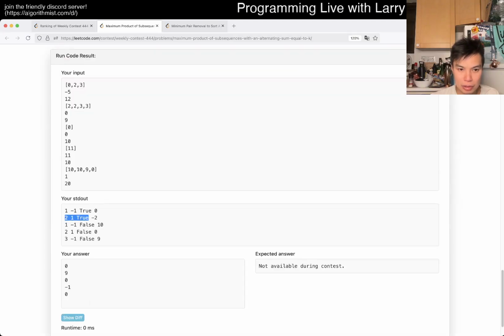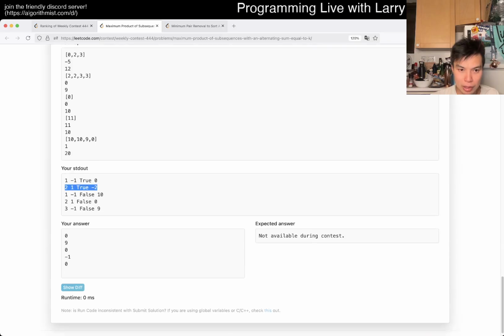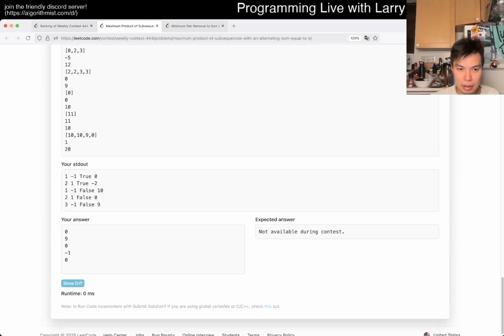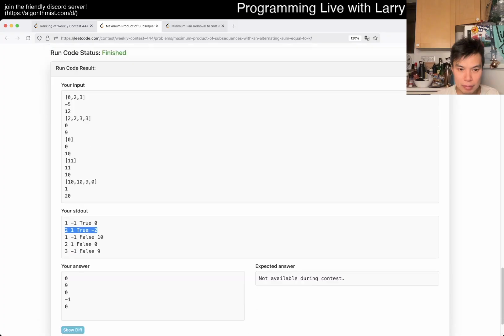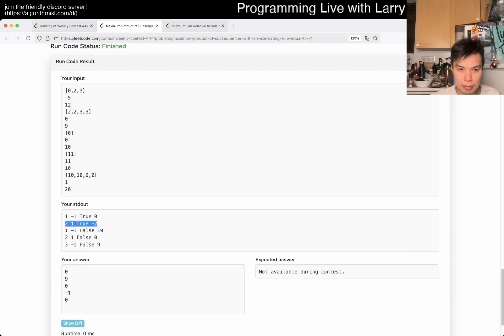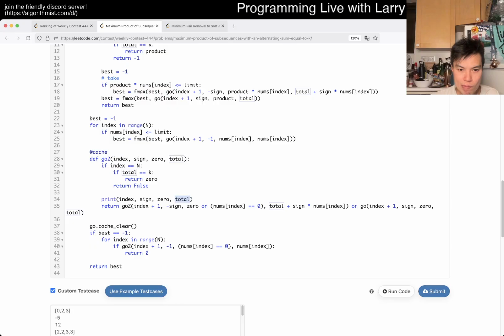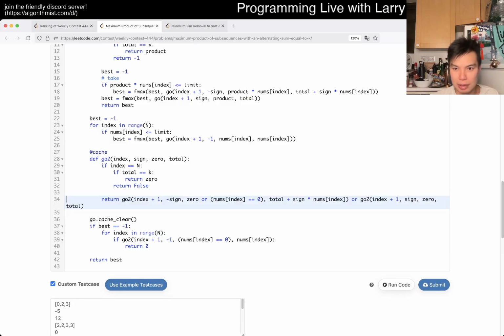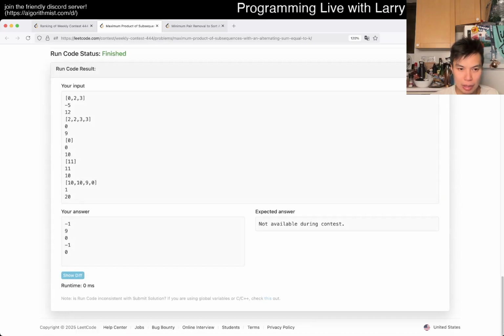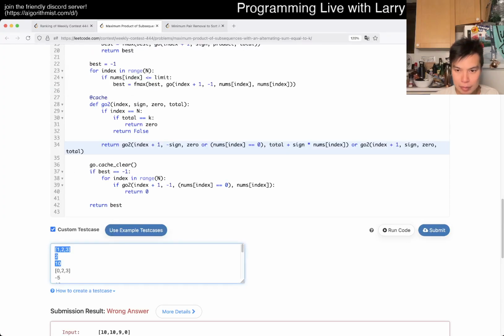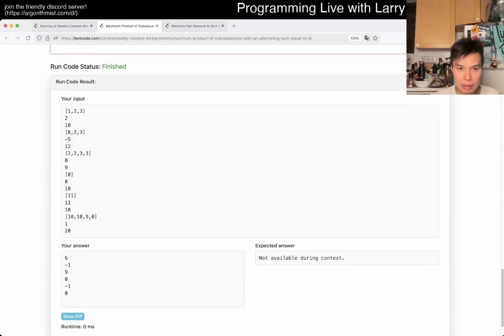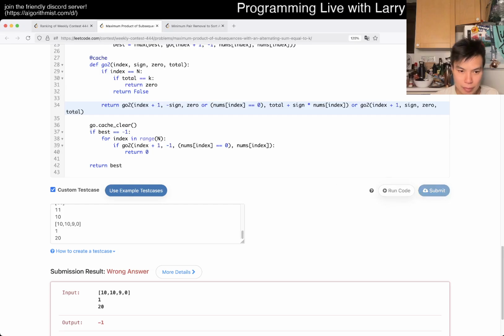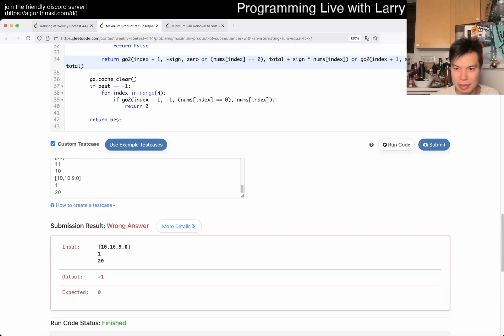And then this goes to 2, true, -2, also okay. But then does this return a true? Does it? Oh, I have go here, that's why. That's a sloppy mistake. Okay, so that looks like it's okay now. That's what happens when you name things too similarly.